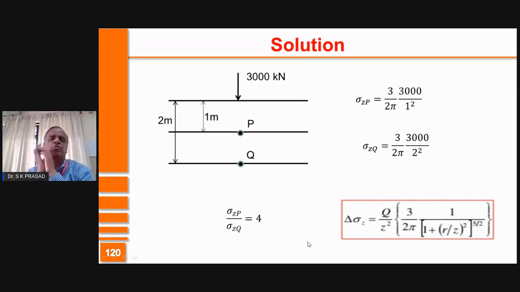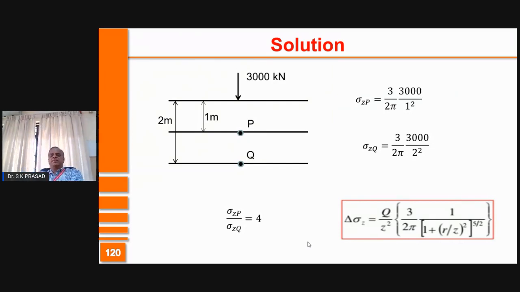Sigma z at Q will be 3 by 2 pi into 3000 by 2 square now. Therefore, sigma z at P by sigma z at Q will be equal to 4.